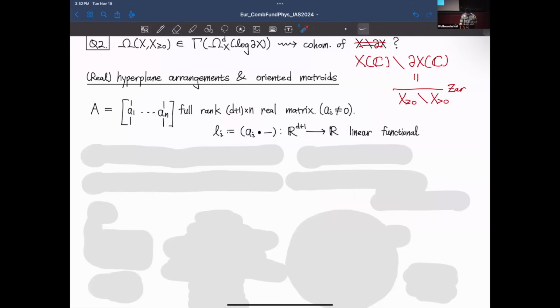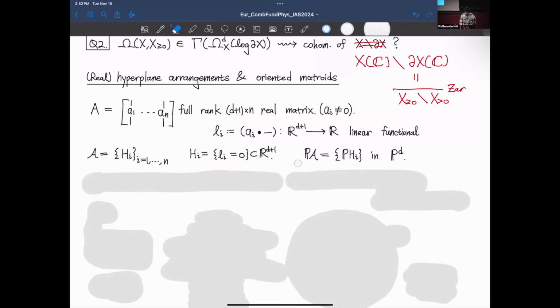And given such a matrix, for each column, I can think of each column as a linear functional by taking the dot product. And I'll often think of them in that way. And given this data, I can consider the hyperplane arrangement, real hyperplane arrangements, where I'm looking at the hyperplanes normal to each of these column vectors. And furthermore, I can projectivize the whole picture.